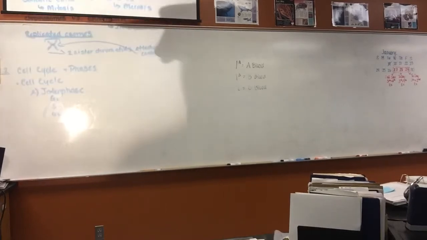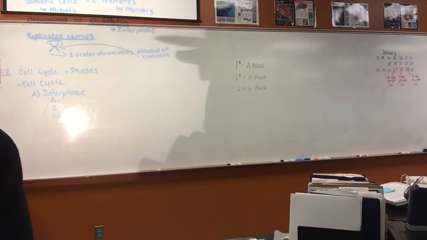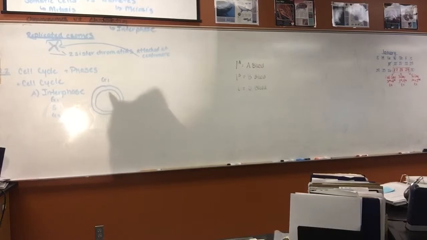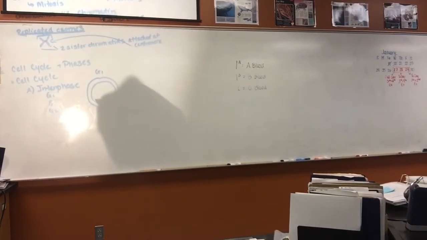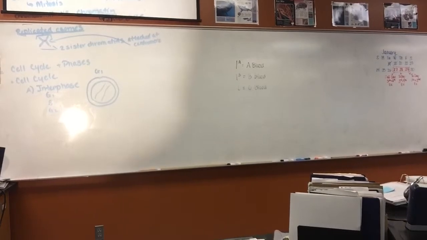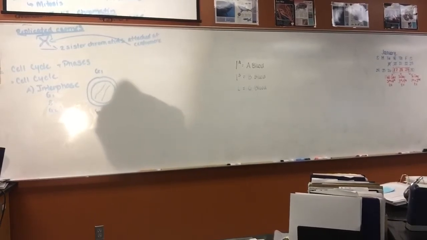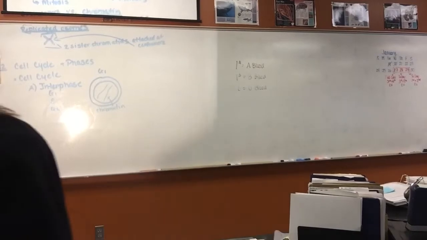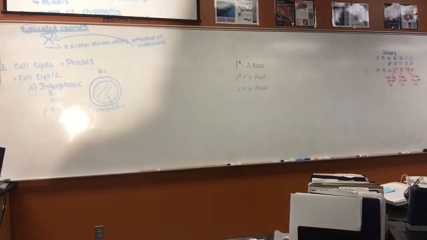In interphase, we just talked about how the DNA is still in the chromatin form at this phase. So if I were to draw a cell in the G1 phase, here's the nucleus inside the cell. The DNA is in this long stringy form that's chromatin, tying in what we did up here. So there's two pieces of chromatin here. Let's say that's the DNA that will make up one pair of chromosomes.